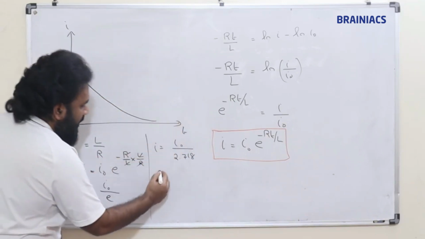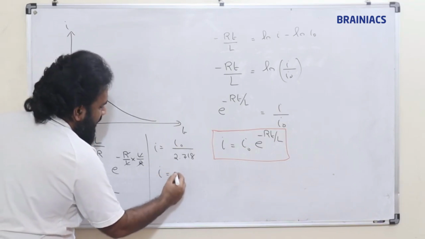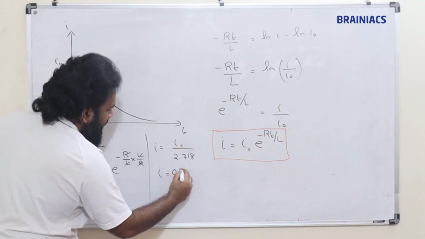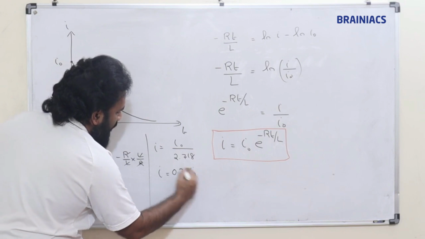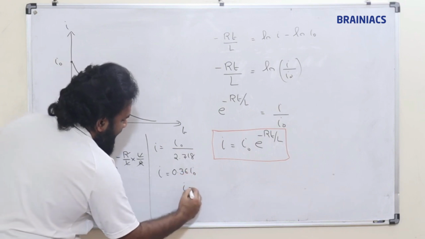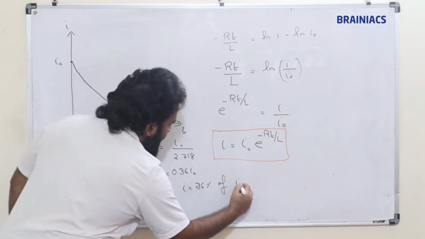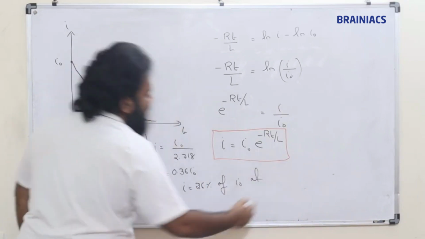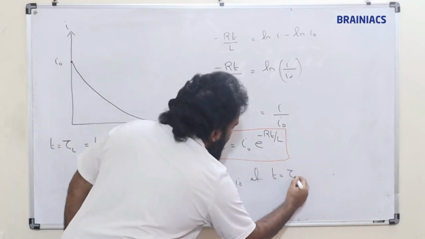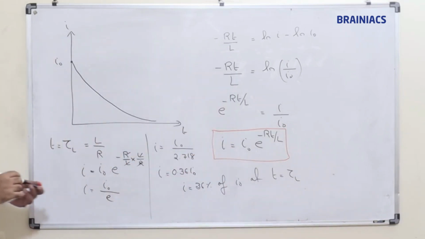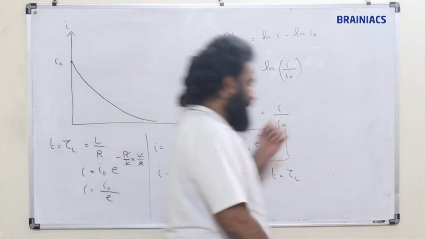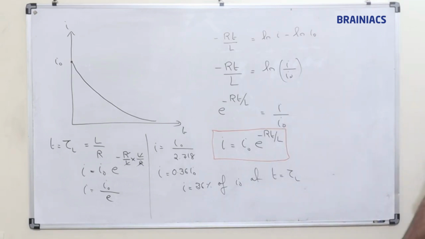If you simplify this, it is 0.36 I naught, or I is 36% of I naught at time t equal to the inductive time constant tau L. Note down this also. Clear?